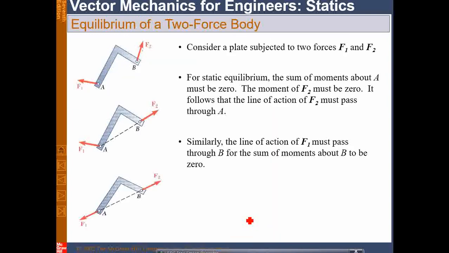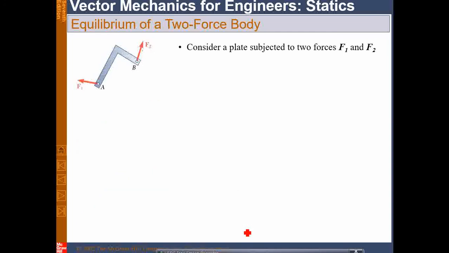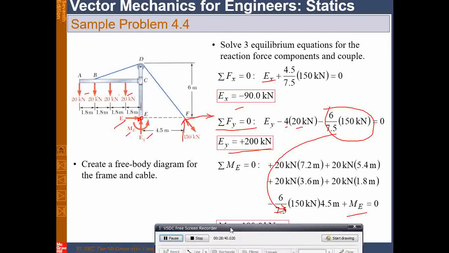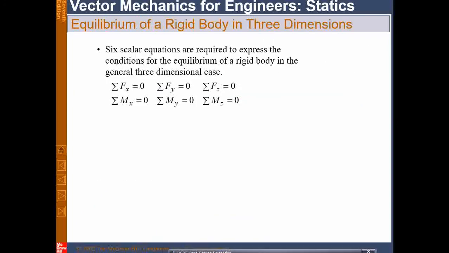We'll talk about equilibrium of a rigid body in 3 dimensions. In 3 dimensions, nothing fancy happens. Only the third dimension gets added, and two more equations are also added.